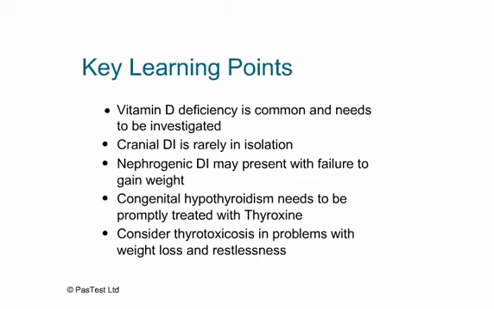Nephrogenic diabetes insipidus may present with failure to thrive and needs to be investigated with a water deprivation test. Congenital hypothyroidism needs to be promptly investigated and treated with thyroxine to prevent mental deficits and preserve learning ability. Thyrotoxicosis is rare in children, but may be considered in those children with weight loss and restlessness.